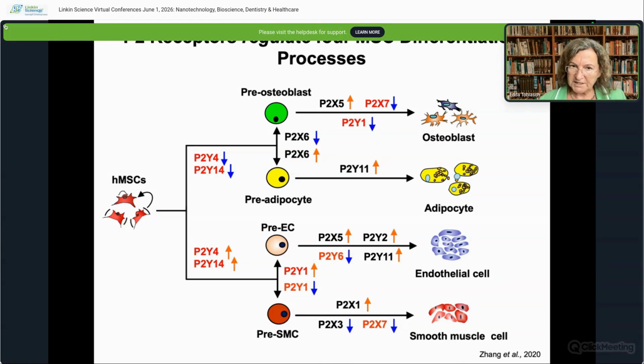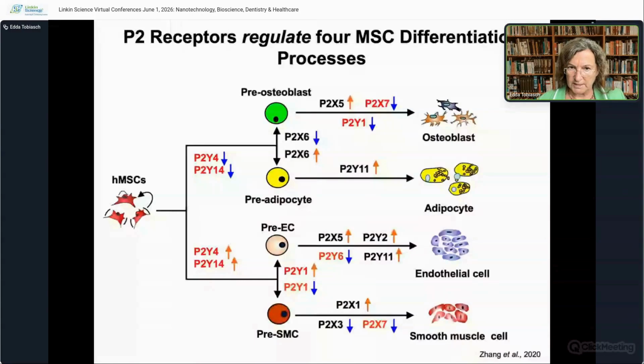Then we have one single receptor, P2X6, where the downregulation pushes the cells towards osteoblasts, and the upregulation pushes the cells towards adipocytes. And we have the same for endothelial and smooth muscle cells, where P2Y1 upregulation pushes the cells towards endothelial cells and the downregulation towards smooth muscle cells. Further on, we have specific markers which can enhance that differentiation process.